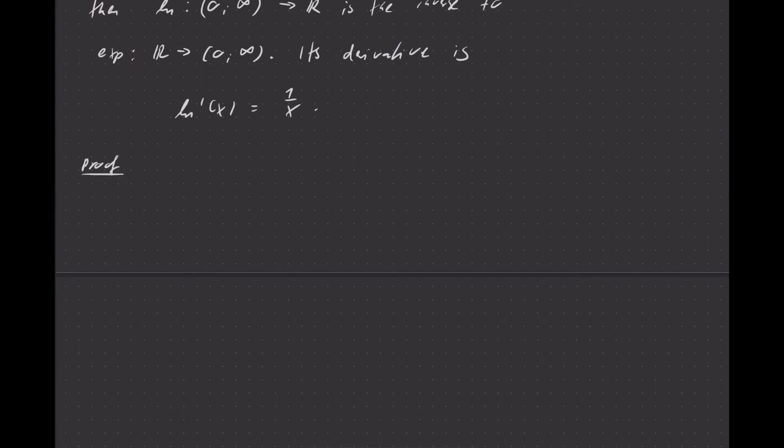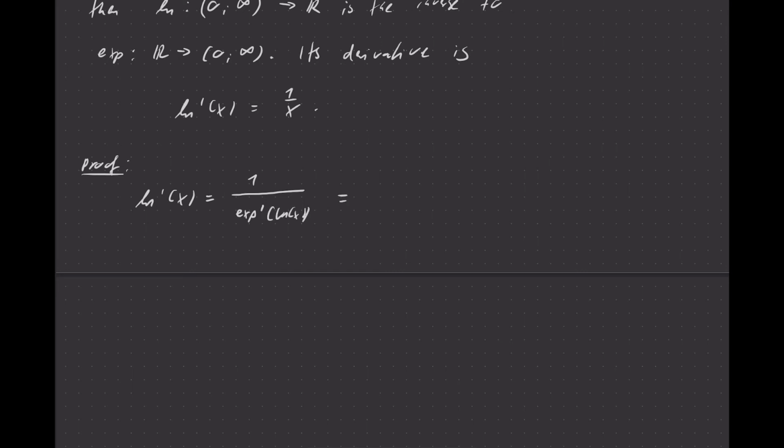Now let me just show you very quickly how you can derive this result. By using this theorem about the derivative of the inverse, we can say this is the same as 1 over the derivative of the original function exp at ln x.